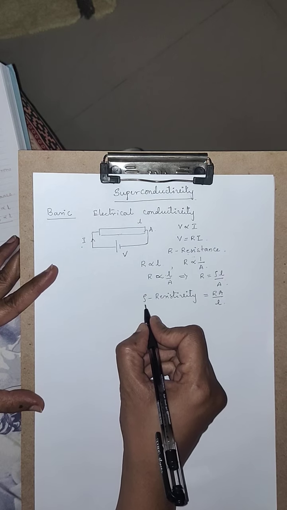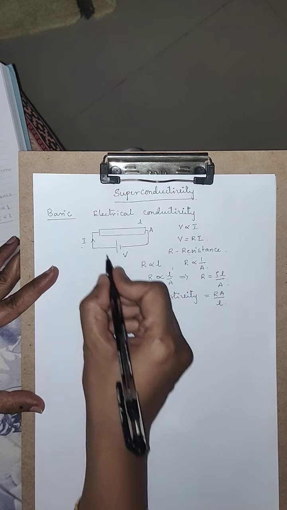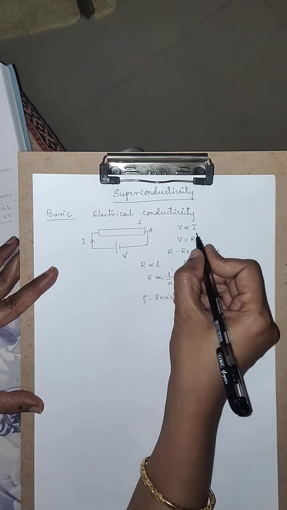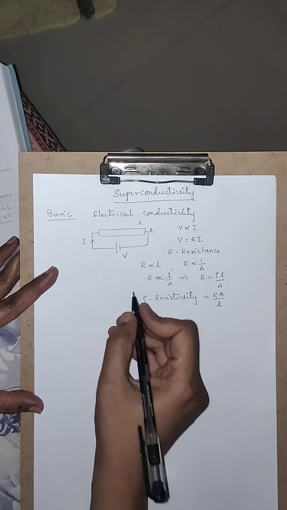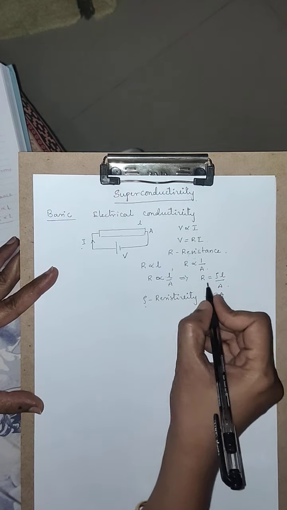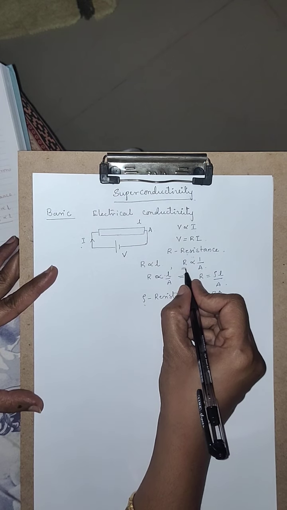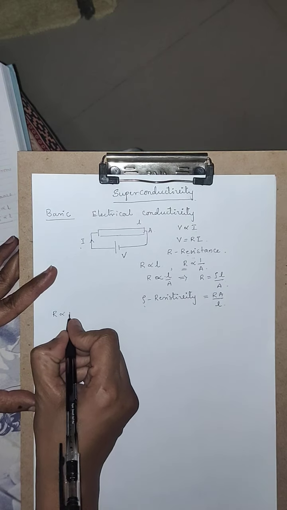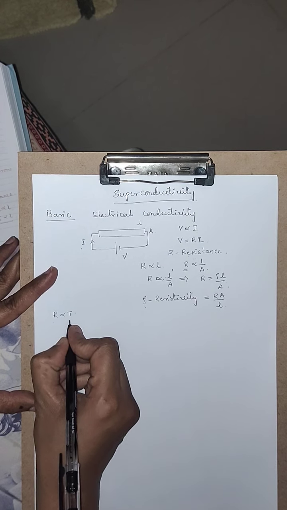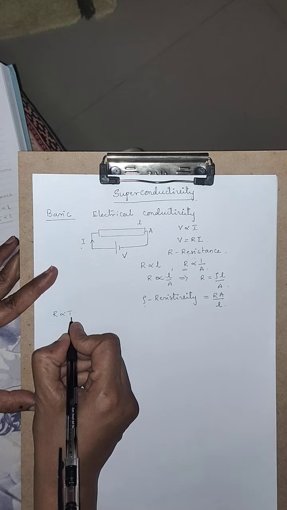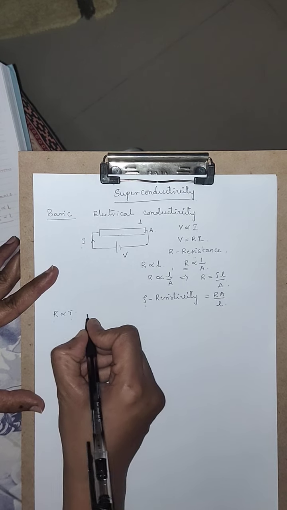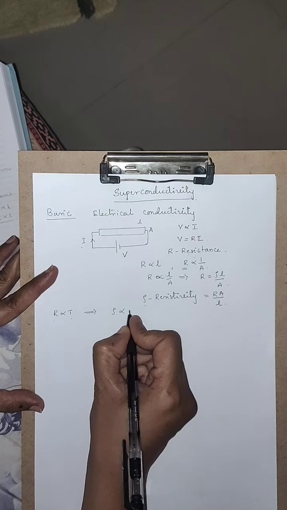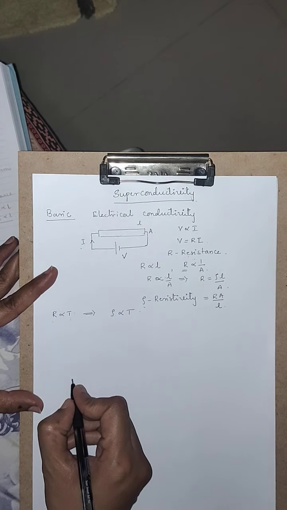Resistivity of the material is the capacity of a particular length and area of a material to oppose the flow of the current. Now we know that the resistance of a metal is also proportional to the temperature. As temperature increases, resistance increases, which implies that resistivity is also proportional to the temperature.